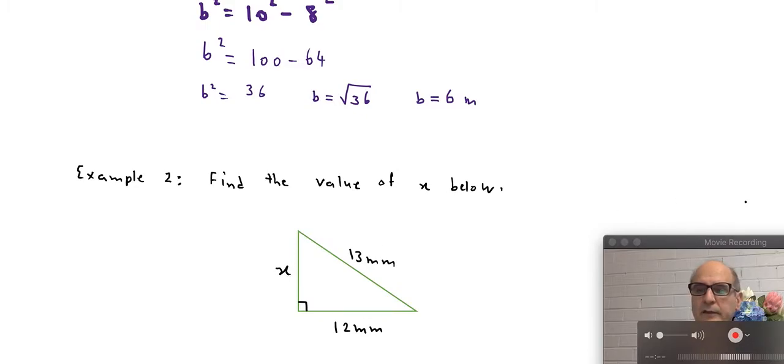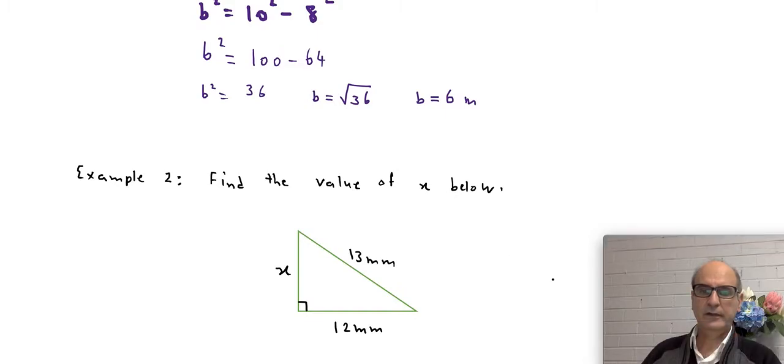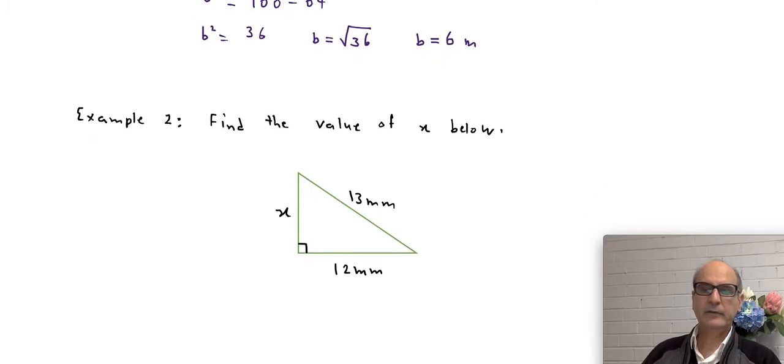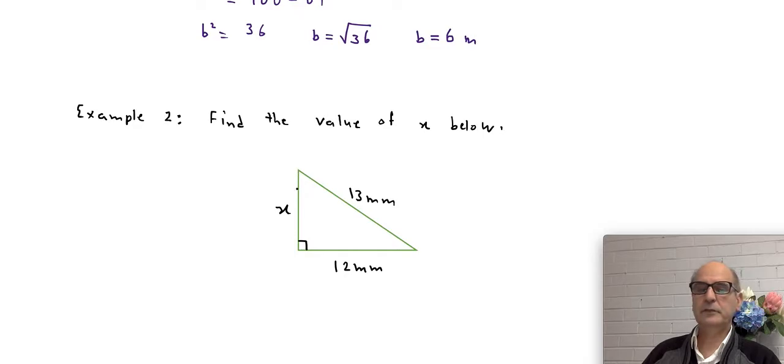Remember, calling it x or anything else doesn't change the fact. It could be b, it could be x, it could be c. As long as it is the shorter side, you can just use what we did. So we are finding the shorter side of a right angle triangle. So x squared, which is similar to b squared, is equal to hypotenuse squared, 13 squared, take away the other short side squared.